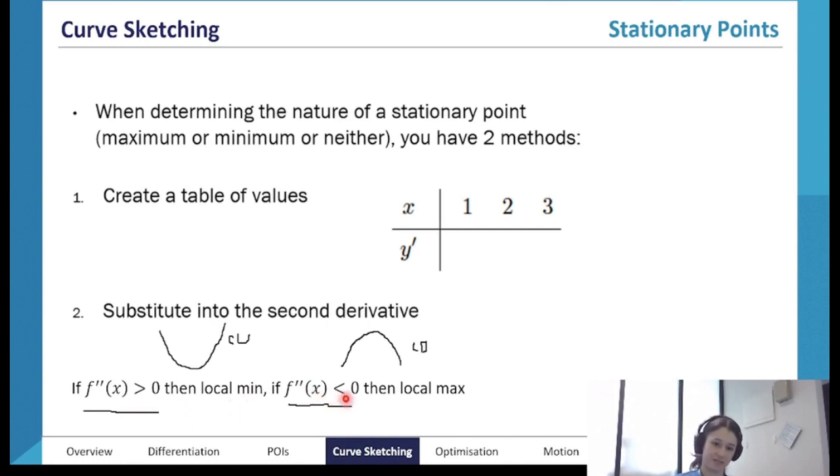If the second derivative is negative, then it's a local maximum. And this can get confusing because for all of the other rules, they make sense. If the second derivative is greater than 0, then it's concave up. If the first derivative is greater than 0, then the curve is positive. But for determining the nature of a stationary point using the second derivative test, it's the opposite.